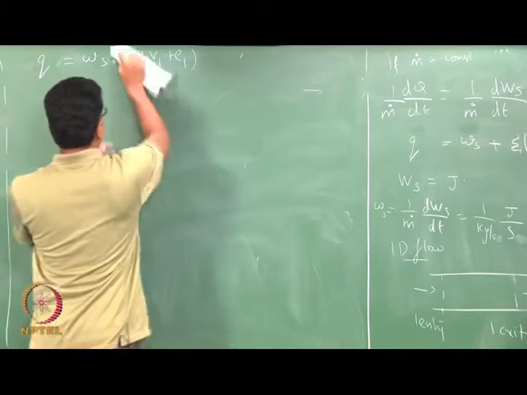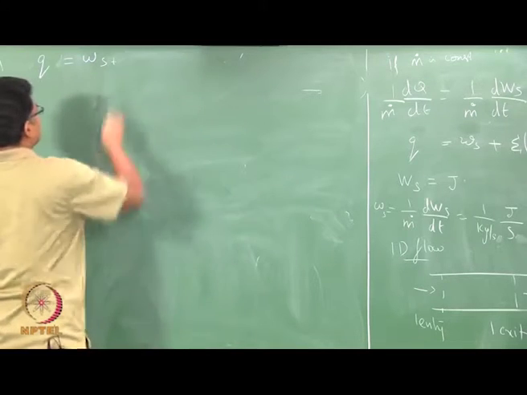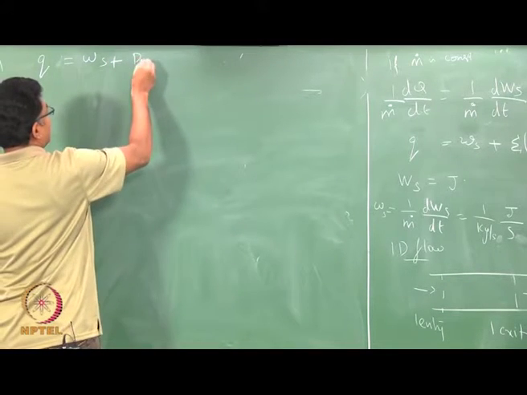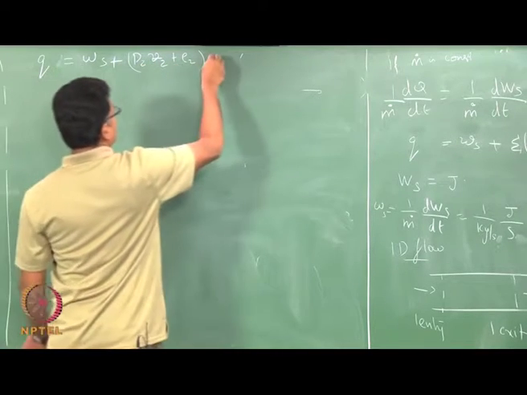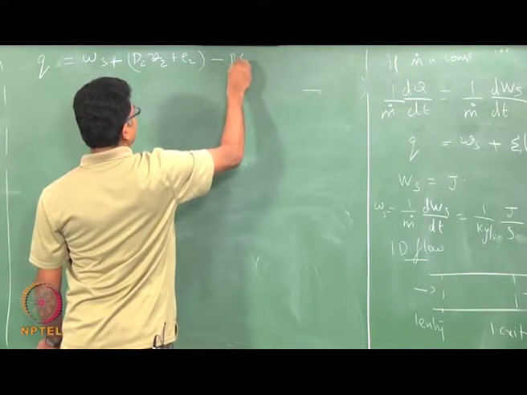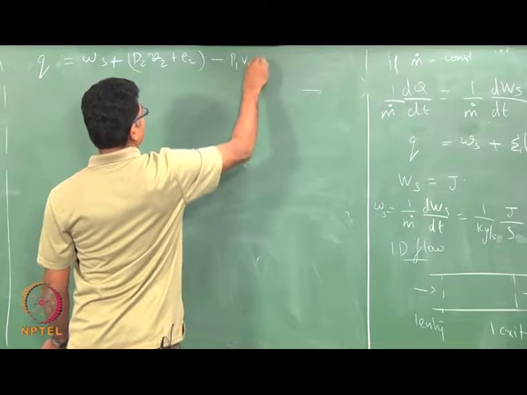So, I will write the positive quantity first, which is P2 V2 plus E2 minus P1 V1 plus E1.